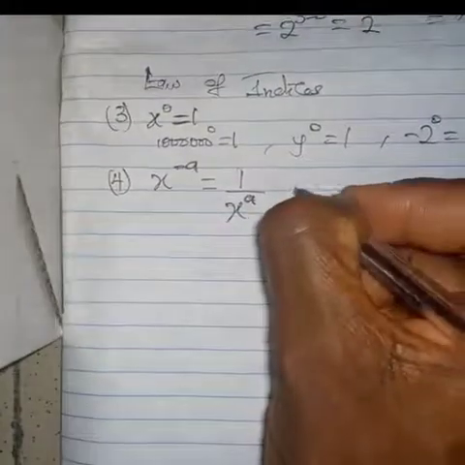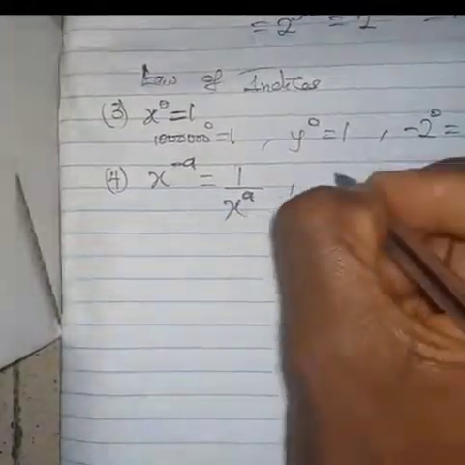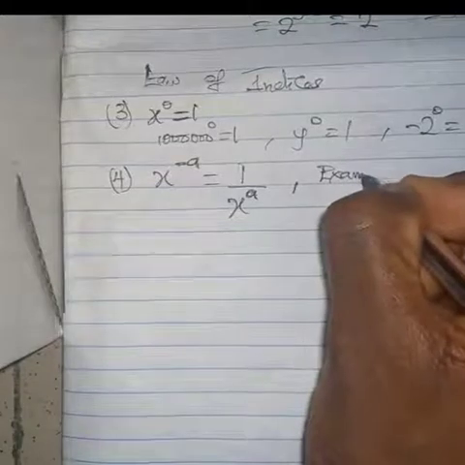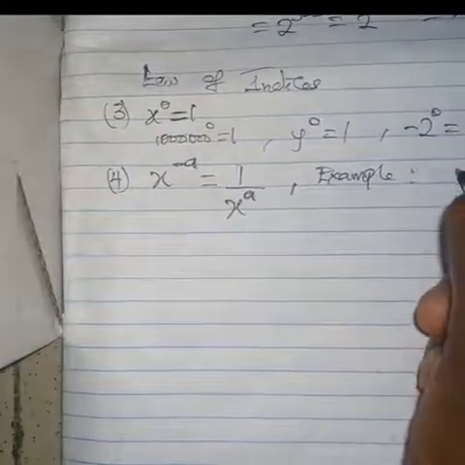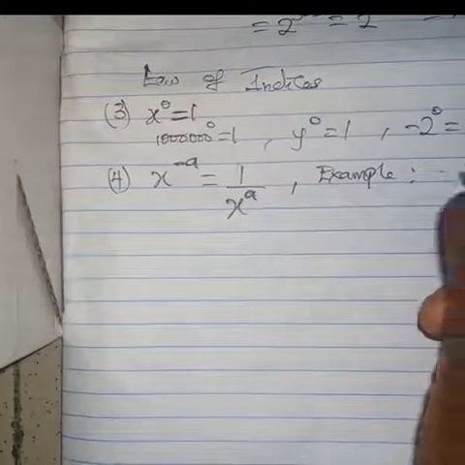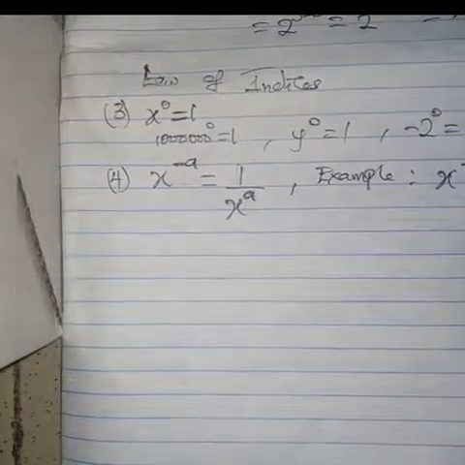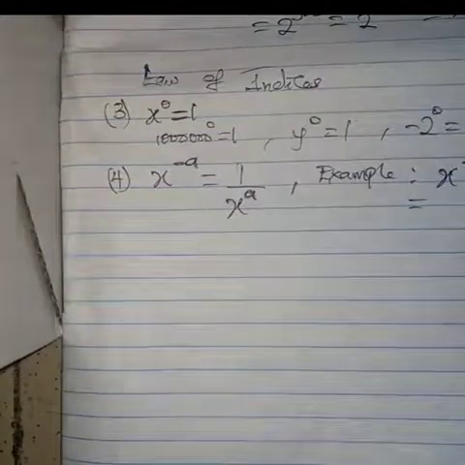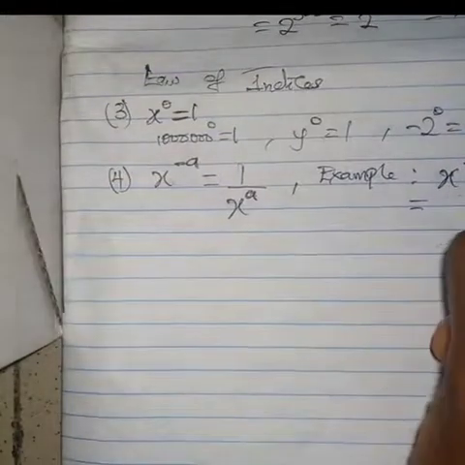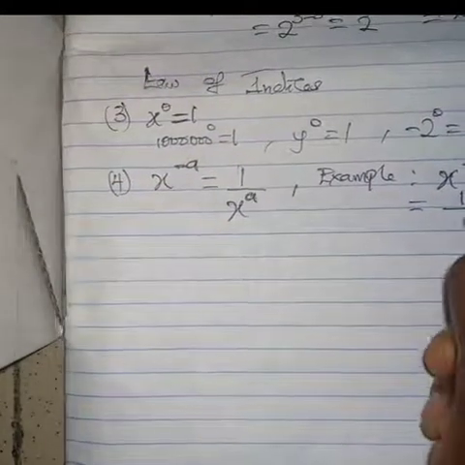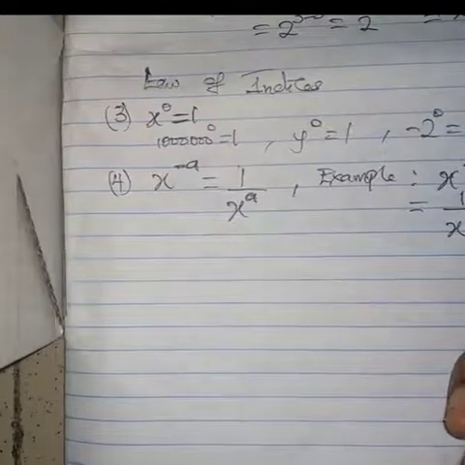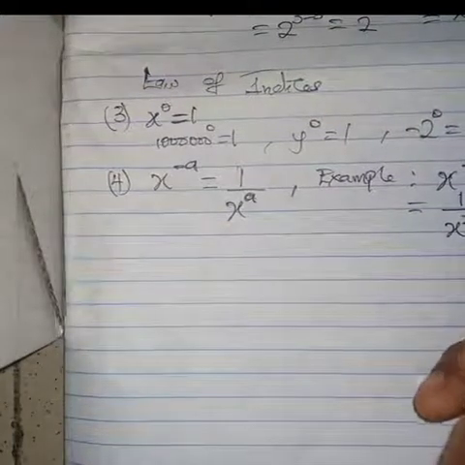For example, let's take an example beside it. Let's still go with x raised to the power minus 2. So how do you solve this? You have 1 all over x raised to the power of 2.